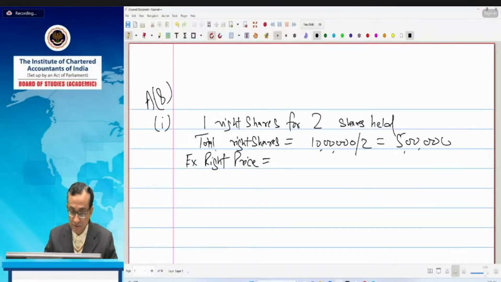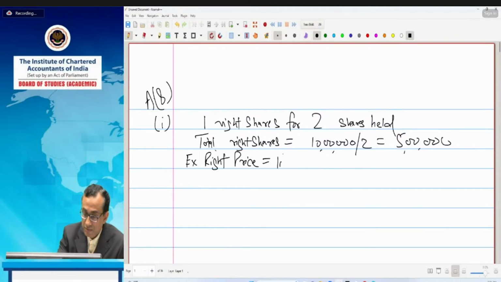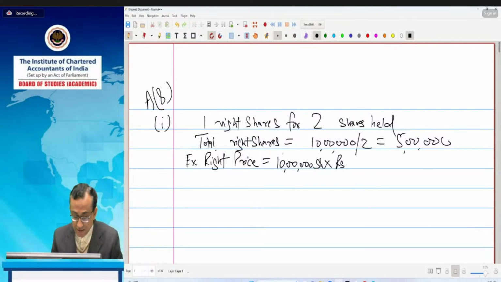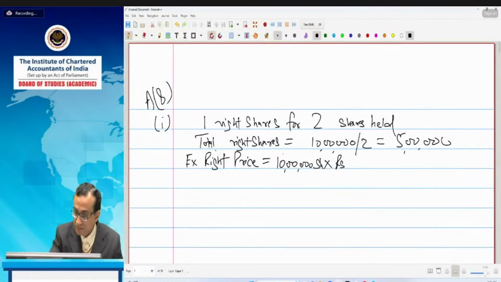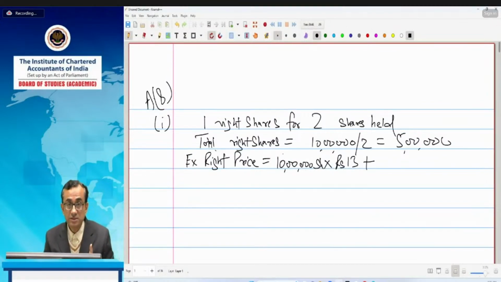So this can be solved very logically. Ex-right price will be: total number of shares is 10 lakh, 10 lakh shares multiplied by rupees 13, the existing price, plus the subscription amount.